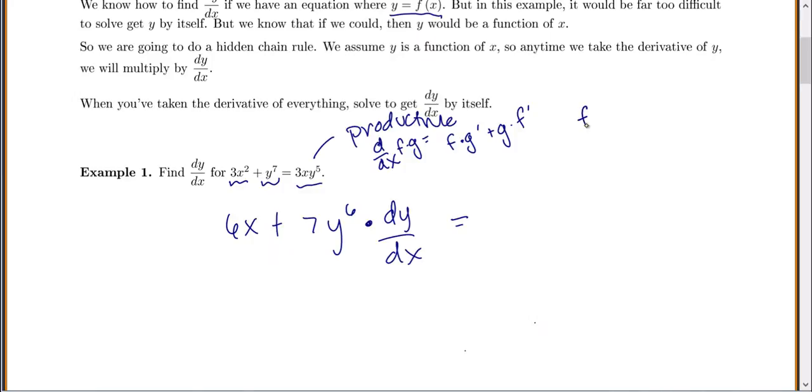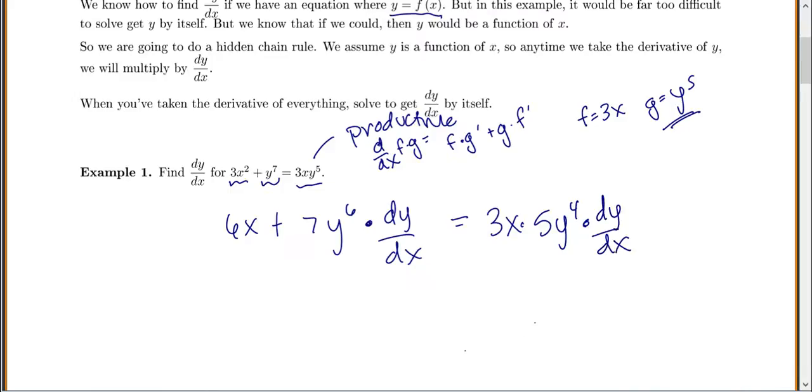Let's say f equals 3x and g equals y to the 5th. So f times g prime: take the derivative of g, so this would be 5y to the 4th. But anytime you take the derivative of the y in it, you have to tack on dy dx. Plus now you take g, or y to the 5th, times f prime, which is just 3.